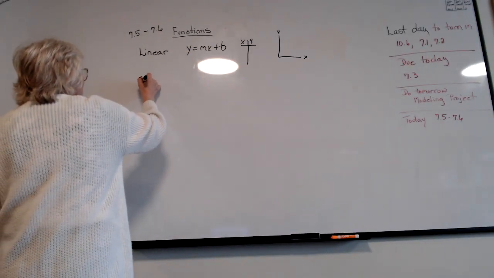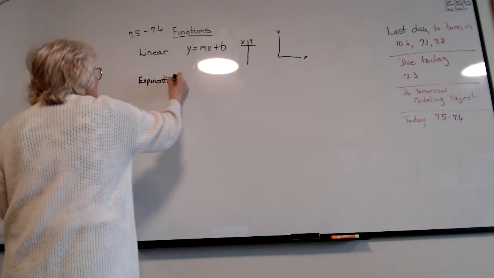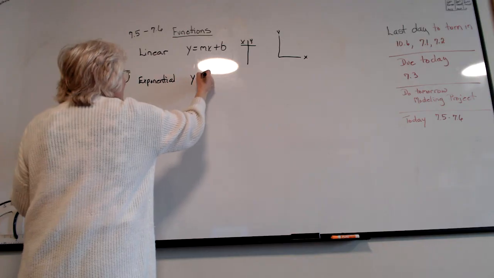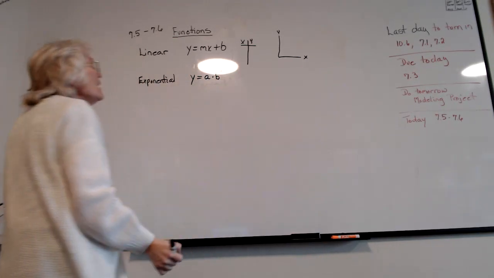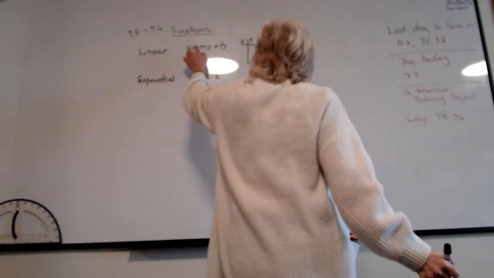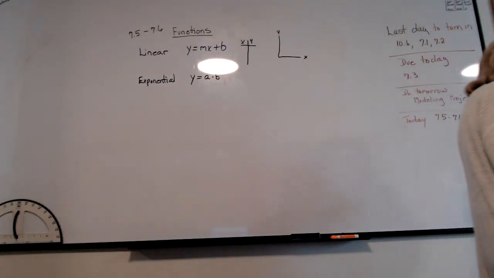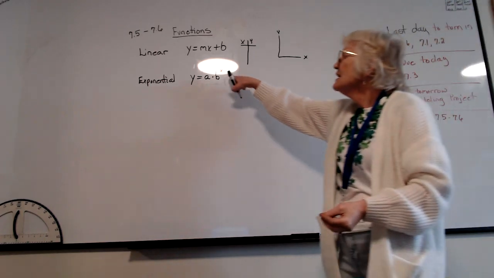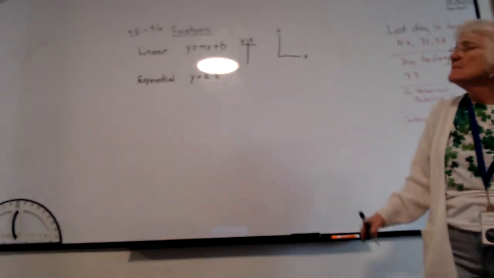The other one that we just looked at was exponential functions, and that was y equals a times b to the x power. Again, notice we have an x and a y. Notice it's y equals, okay? The y is by itself each time, and that's so you can find, if you have the x, you can find the y very easily, okay?